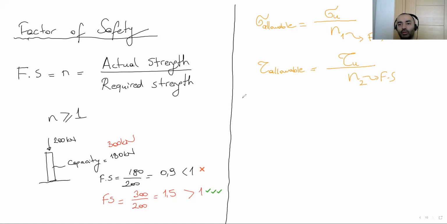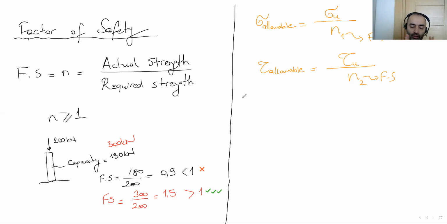So in our design, while we are starting our calculation, we deal with allowable stresses. We check our calculated stresses against allowable stresses. That means in this allowable stress calculation, we consider a factor of safety, because this allowable stress comes from an ultimate stress over factor of safety.